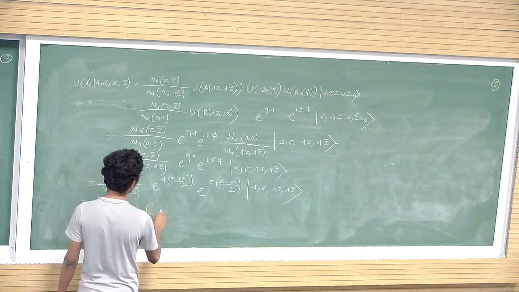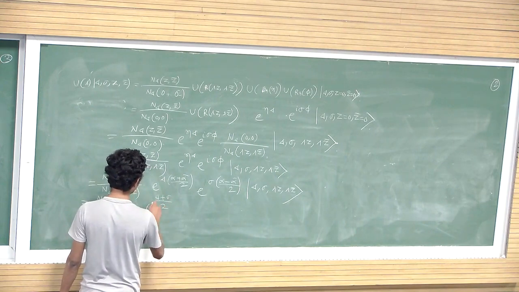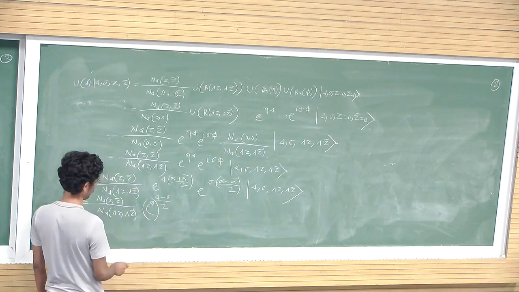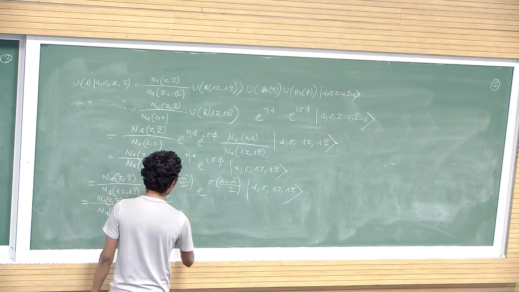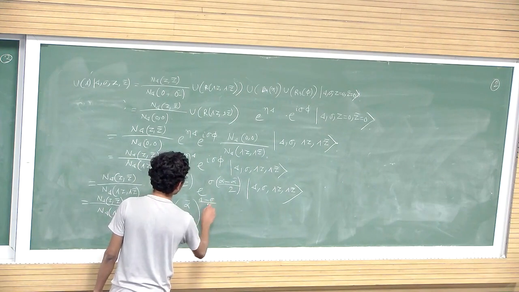So this will now become e to the delta plus sigma by 2, e to the alpha to the power into delta plus sigma by 2, and e to the alpha bar to the power delta minus sigma by 2.